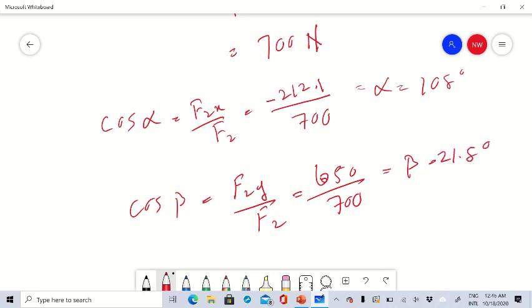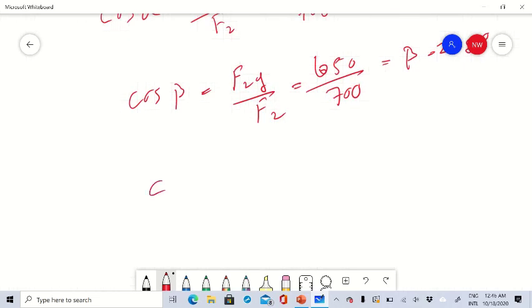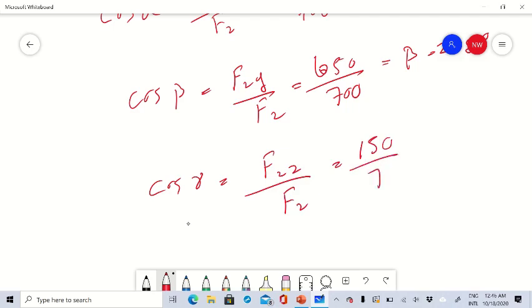21.8 degrees. The same way, cos gamma is equal to f2z divided by f2, which is 150 divided by 700. So gamma 2 is equal to 77.6 degrees, right?